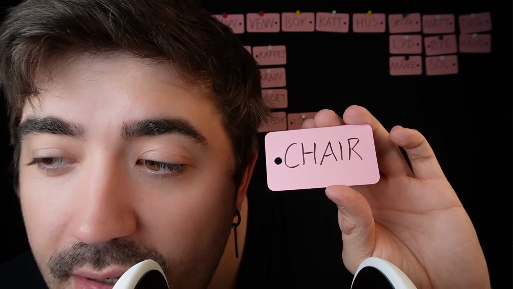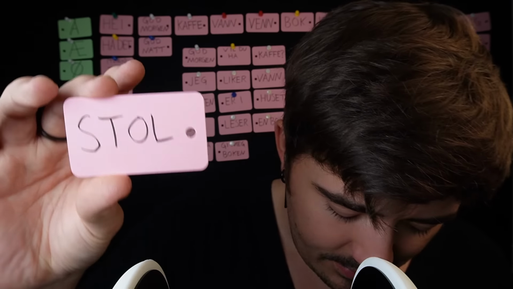Chair, which is not something I'm using right now because I am recording this while standing, so I don't have a chair. Jeg har ikke en stol. Stol. Maybe it's a difficult word. Stol.